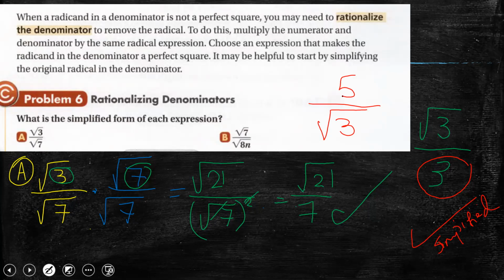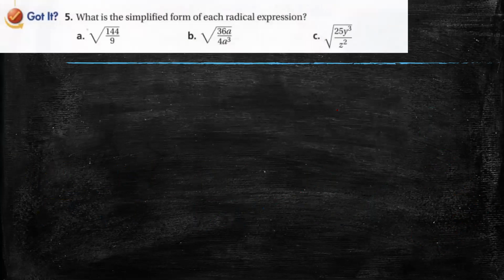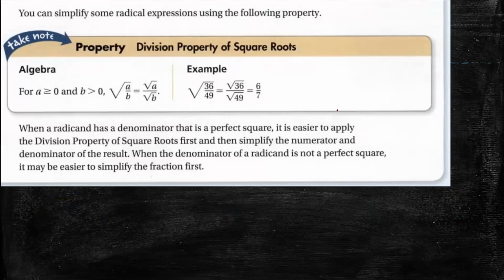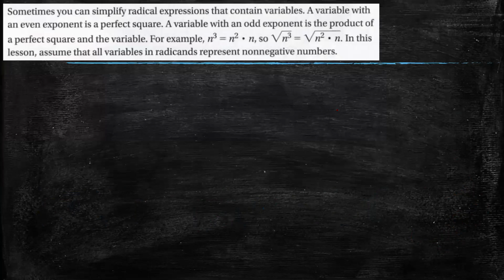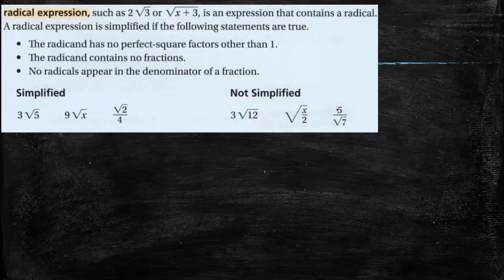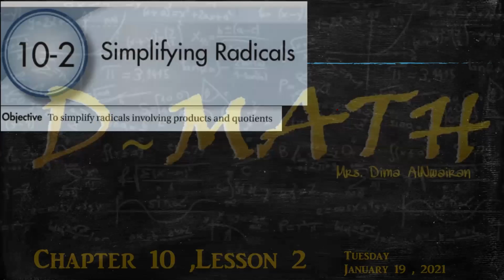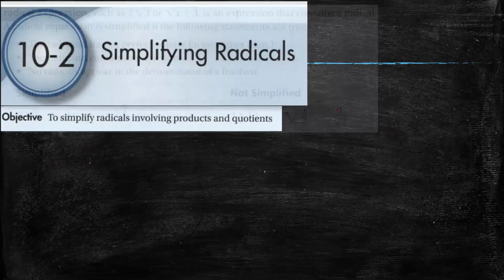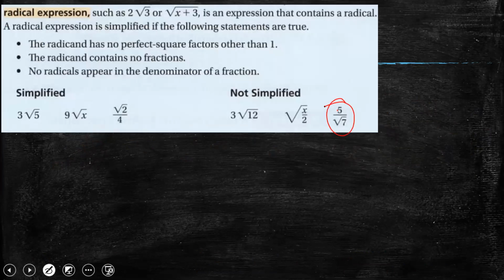Do you remember here at the beginning of the lesson, when I told you that this is not the simplified one? Why? Because we have a square root of 7 in the denominator, as you see here. So since this is not simplified, I want to convert it by rationalizing the denominator.